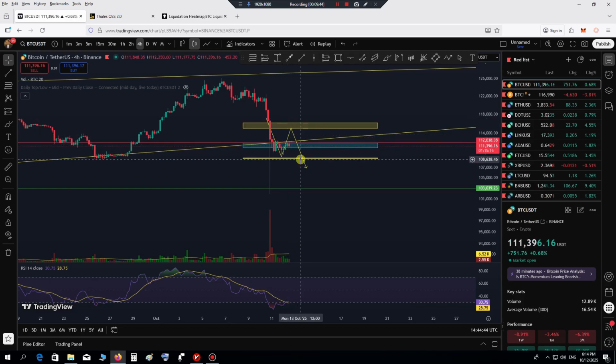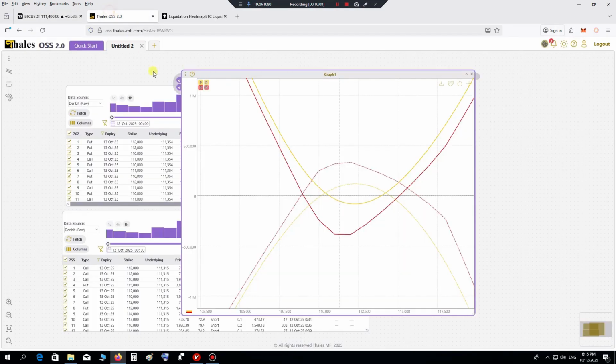The upper zone is 115 to 116,200, the middle zone is 111 to 112, and the lower zone is a line, 108,800 to 108,900. Both zones are areas of agreement, but the upper one actually has a wider range. And now maybe we can say that, in a way, the excitement is more toward that area.